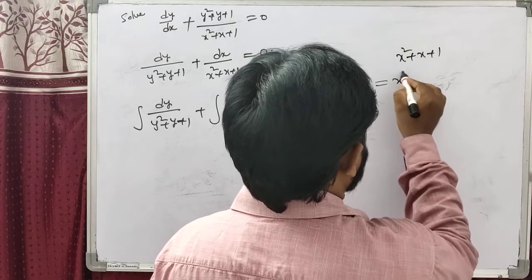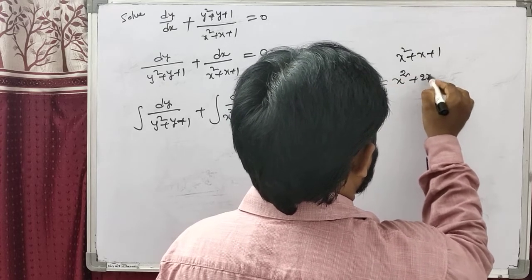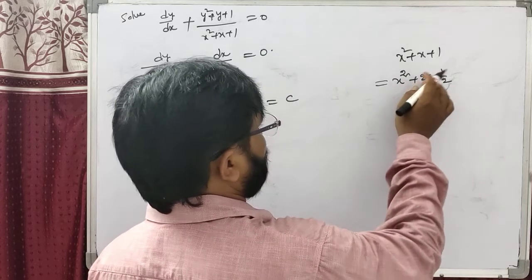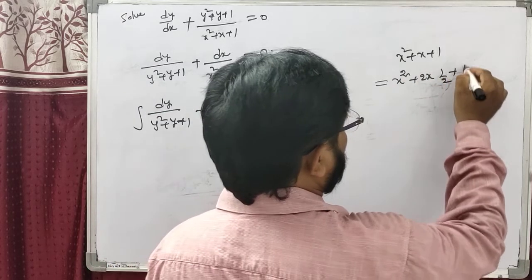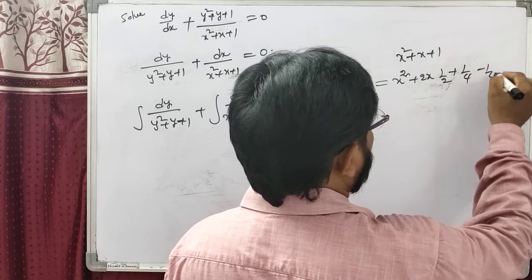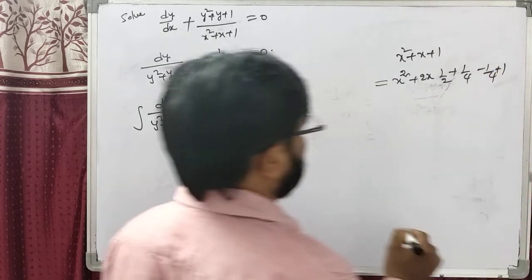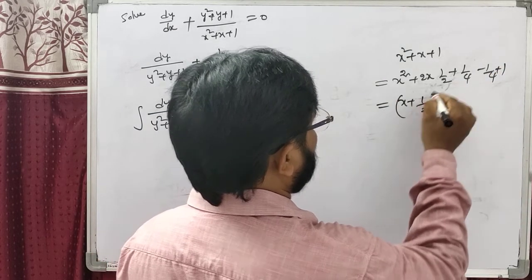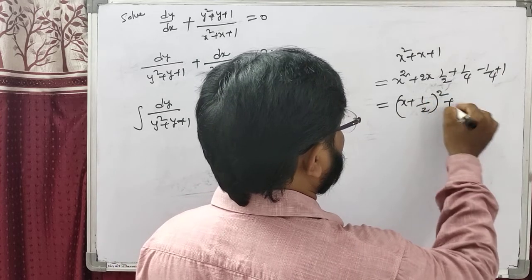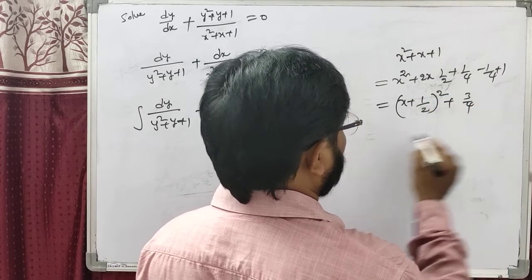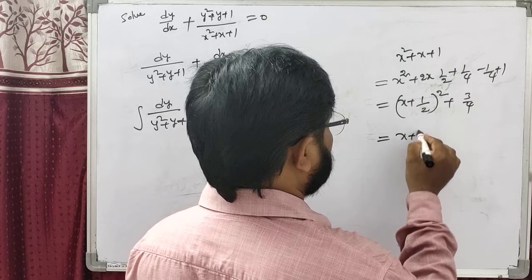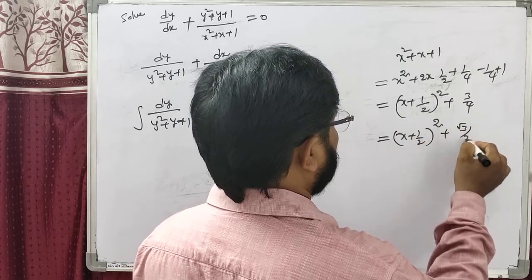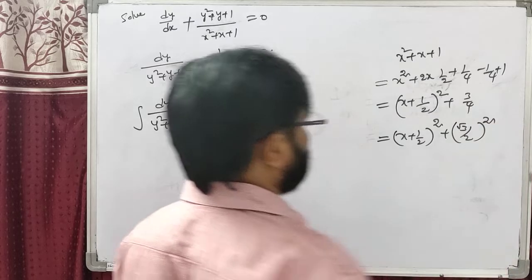We can write it as x square plus 2x into 1 by 2, what, students? a square plus 2ab. After then plus 1 by 4 minus 1 by 4 plus 1. We can write x plus 1 by 2 whole square plus 3 by 4, that is x plus 1 by 2 whole square plus root 3 by 2 whole square.